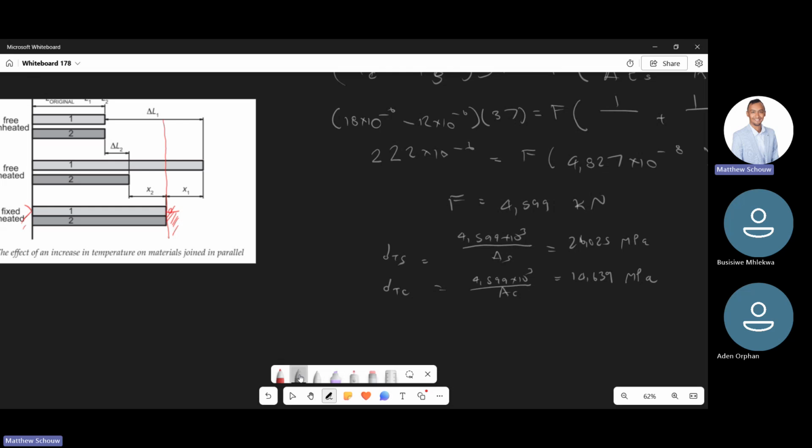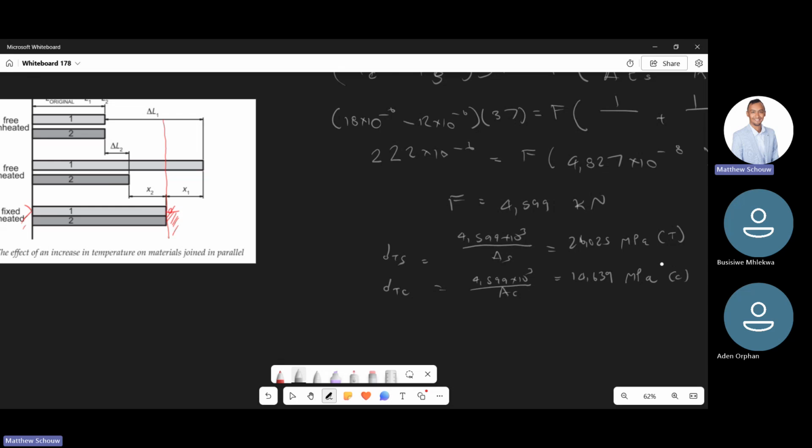Therefore, the one with the higher linear coefficient of expansion is going to be compressed, because it's expanding a lot faster than the other one. So copper will be compressive. The steel is attached to the other one, and long story short, the steel will basically be in tension.